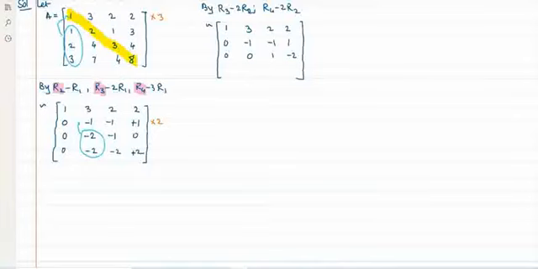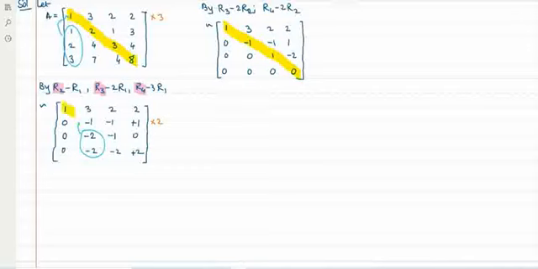Suppose if you are applying R4 minus 2R1, then definitely this is 0, this is 0, minus 2 and minus 2, 2 and 2, their subtraction. Now in this case, this is your diagonal entry.